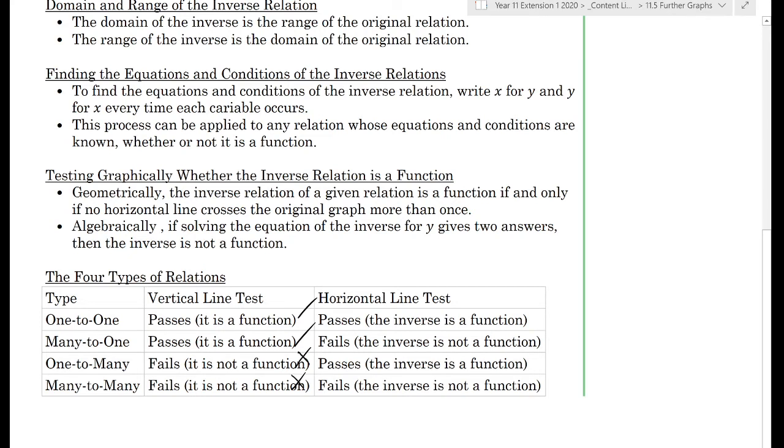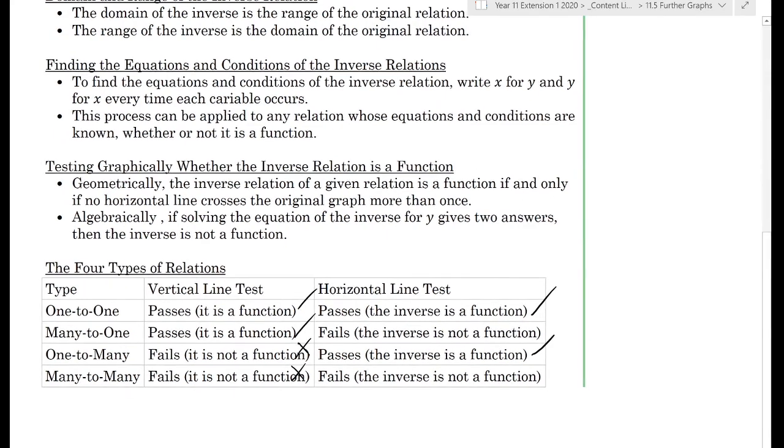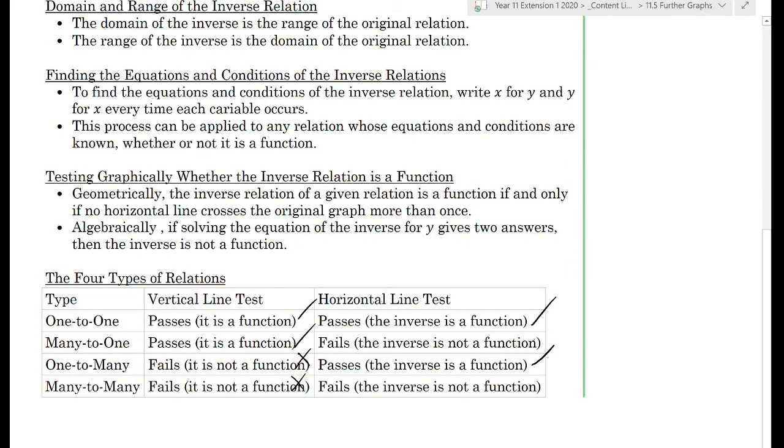But if we use the horizontal line test, and whatever functional relation we have passes the horizontal line test, then the inverse of that relation will be a function. And if it fails the horizontal line test, even if it passes the vertical line test and is a function, then the inverse is not a function. There are a few cases where that is true, like the parabola, for example.